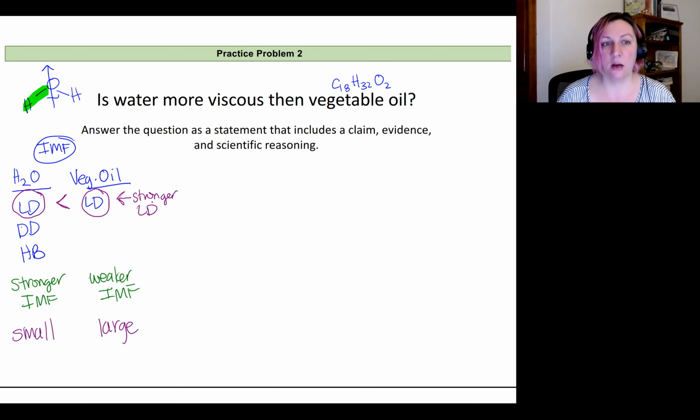Or you can make the argument that while water has more intermolecular forces, vegetable oil is such a larger molecule with such a big surface area that it's actually going to have overall stronger interactions between the molecules, and it will be more viscous. So those are the 2 opinions that we can actually have.